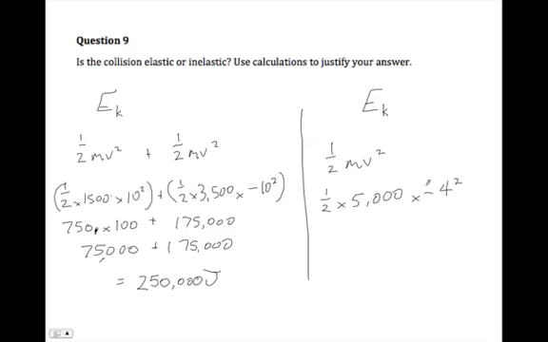So 4 squared is 16, and minus 4 times minus 4 is positive 16, times 5,000 times 0.5 equals 40,000 joules, and clearly we can see that it has lost 210,000 joules. That 250,000 is not equal to 40,000 joules, therefore the collision is inelastic.